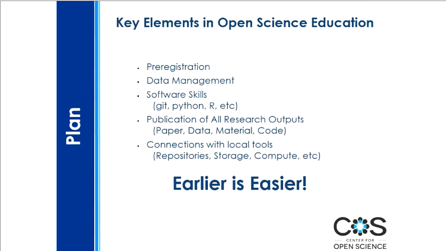There's a lot that can fall into that umbrella, and as you can see from this list of key elements, many of them, like data management, particular software skills, the publication of all research outputs, so the data, the material, the code, are things that you likely are already doing, or that there is direct demand for from researchers and graduate students at your institutions.